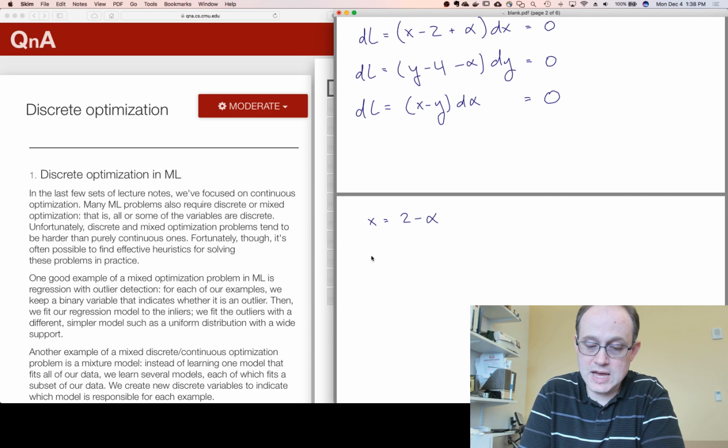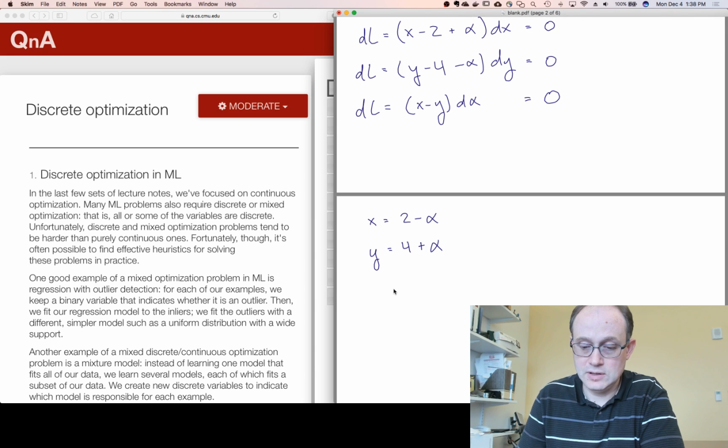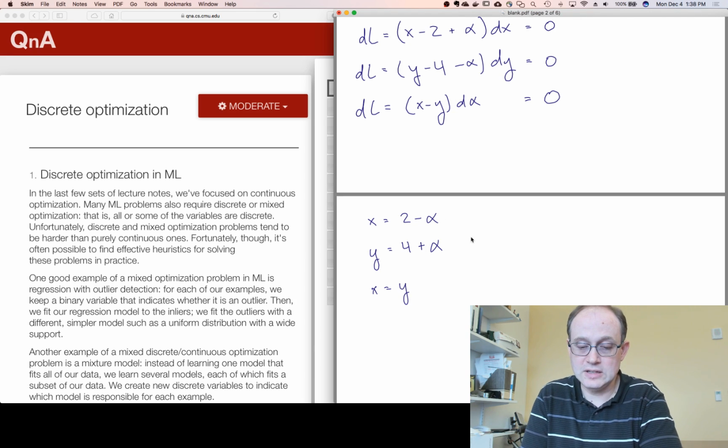Same thing for this one: y has to equal 4 plus alpha. And for this one here, x has to equal y. And so this is a set of 3 linear equations in 3 variables. We can just solve it.